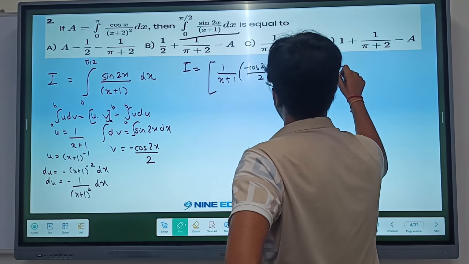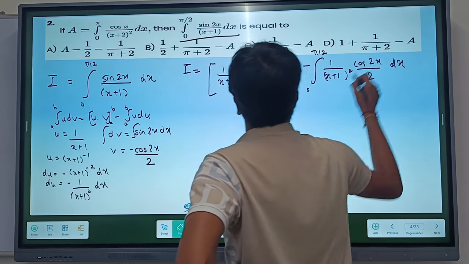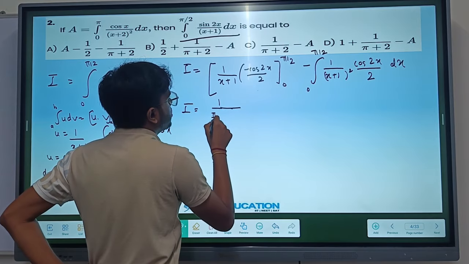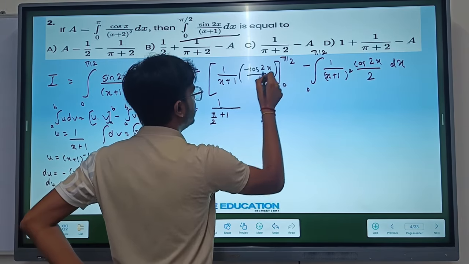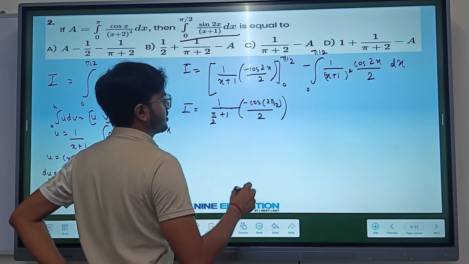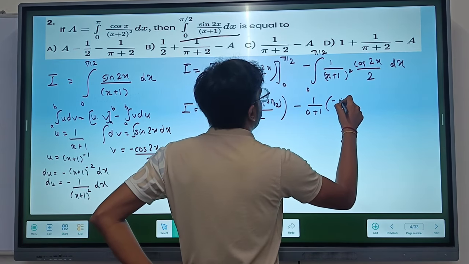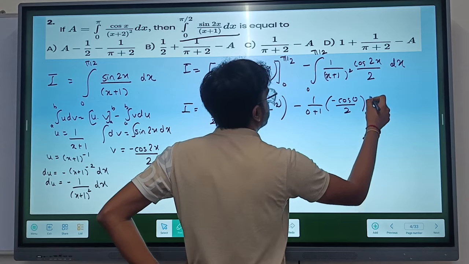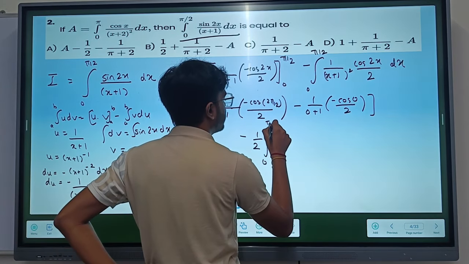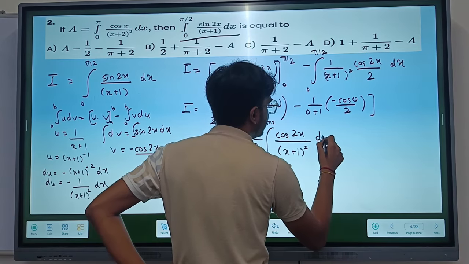So 1 by (x plus 1) whole square, cos 2x divided by 2, into dx. So put the limits: we'll get 1 by (pi by 2 plus 1) into minus cos of 2 pi by 2 divided by 2, minus, substitute 0: 1 by (0 plus 1) into minus cos of 0 by 2, minus 1 by 2 (constant, take it outside), the integral from 0 to pi by 2 of cos 2x divided by (x plus 1) whole square dx.